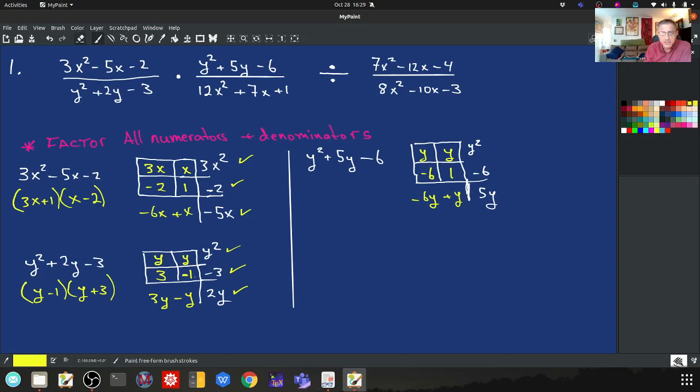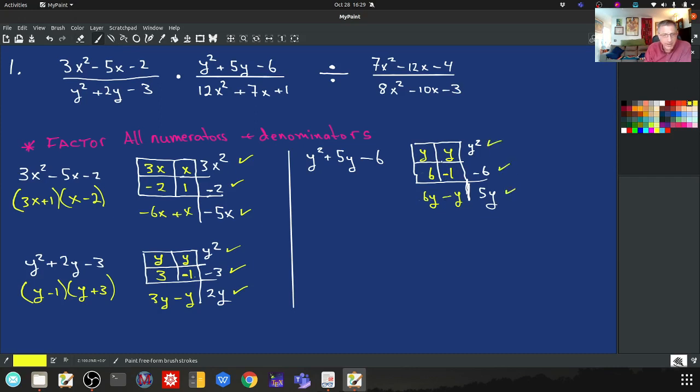So let's fix it. Let's change my 6 to a positive and my 1 to a minus. And that's going to make all of the difference in the world, because now I have y times 6 is 6y, and y times minus 1 is minus y, and 6y minus y is 5y.